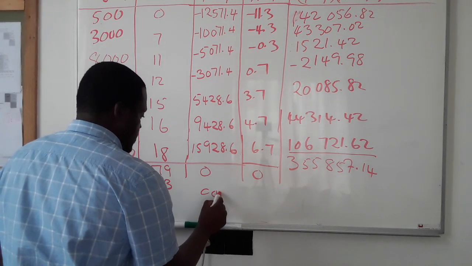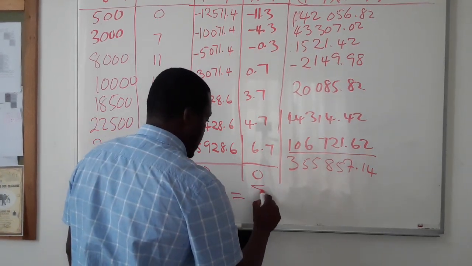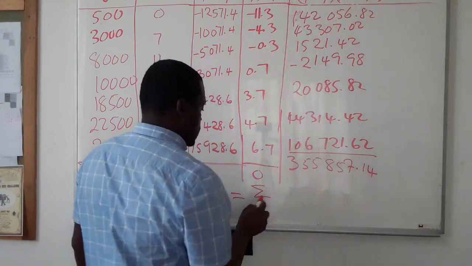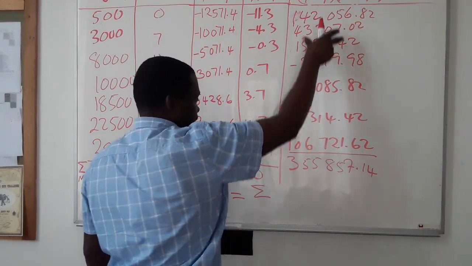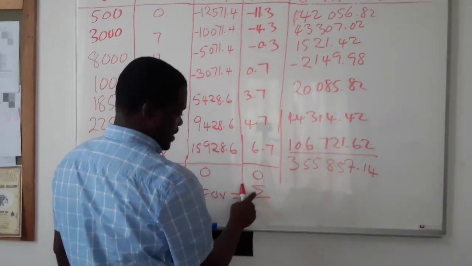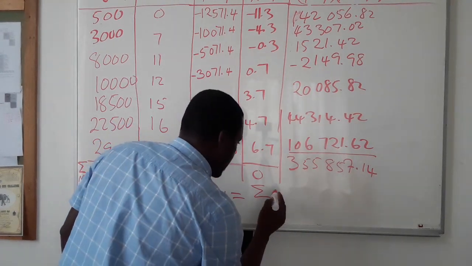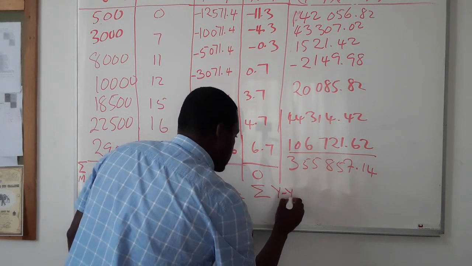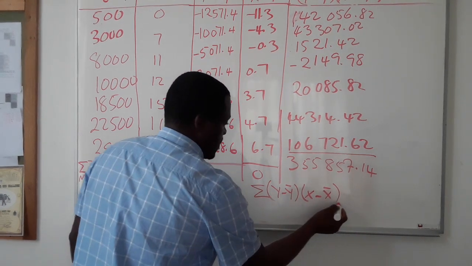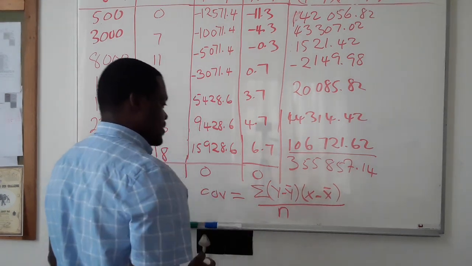Now, your covariance is equal to the sum of these products of the deviations. That is, we are adding this number I have here. That is what this is saying. It's saying I should add all this to get that. It's the sum of y minus y bar, x minus x bar, and all that we divide by the sample size.